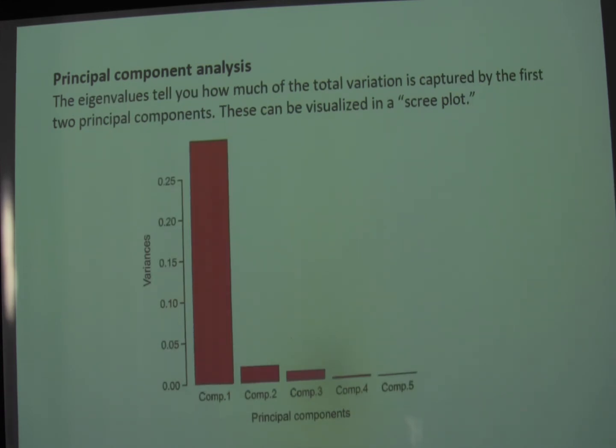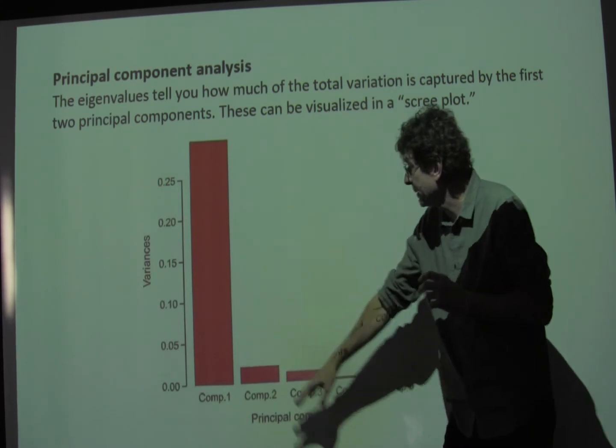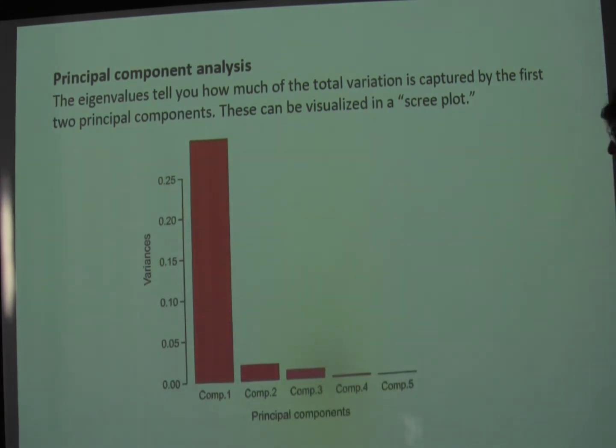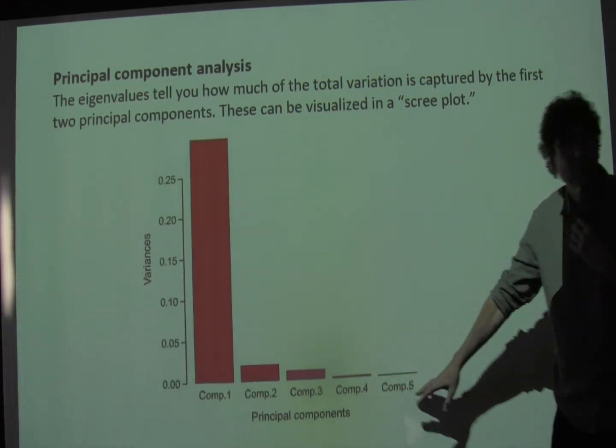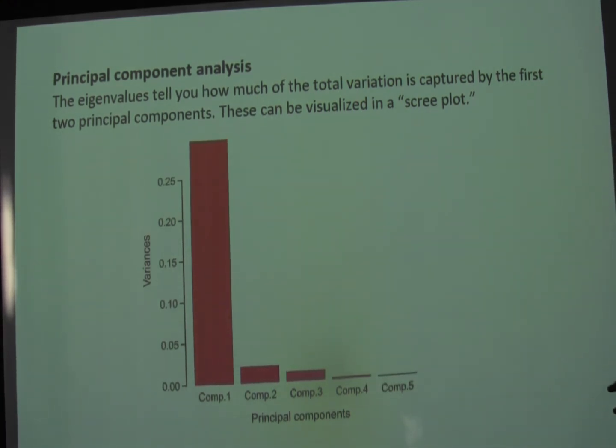It's the eigenvalues that tell you how much of the total variation is captured by these components, and this is, I think, called a scree plot. And here you can see that by far most of the variation in the Galapagos finch species is in overall size of the beaks. And then beak shape picks up some of the rest, but by the time you get to components 4 and 5, there's not that much variation left.